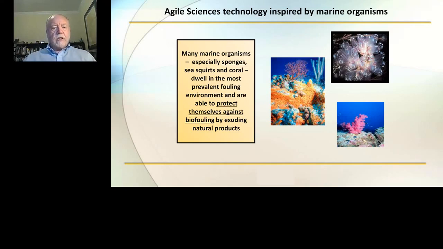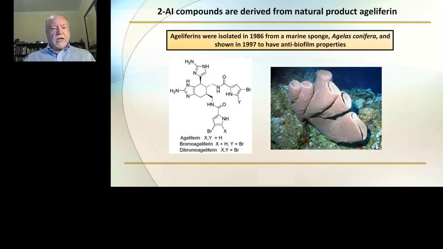And these molecules may well have important effect against things called biofilms, which are intrinsic in urinary tract infections, bone infections, heart valve infections; biofilms exist almost anywhere that there is an infective process. So the Agile folks actually worked from the compound agileferin, and have been manipulating the molecule, adding different components like bromine and other atoms to different parts of the molecule.